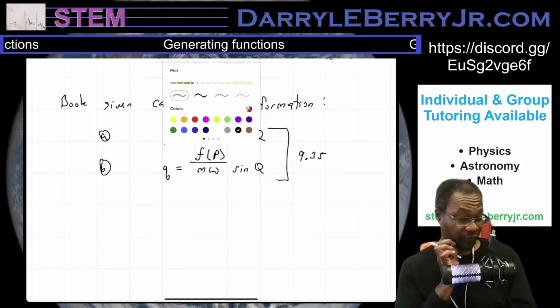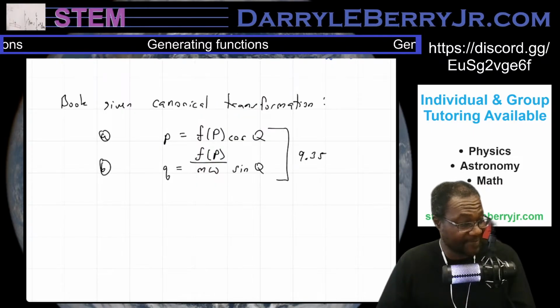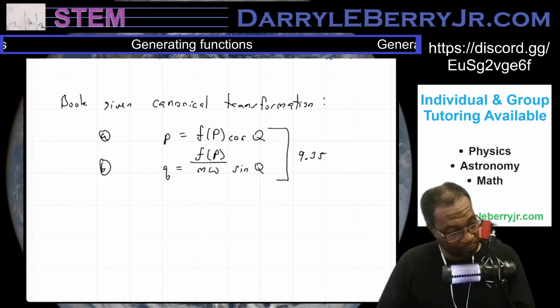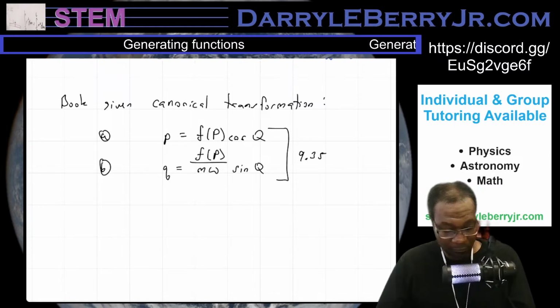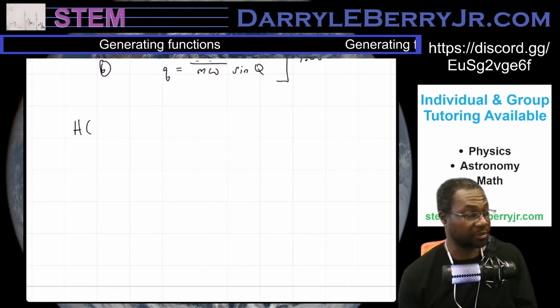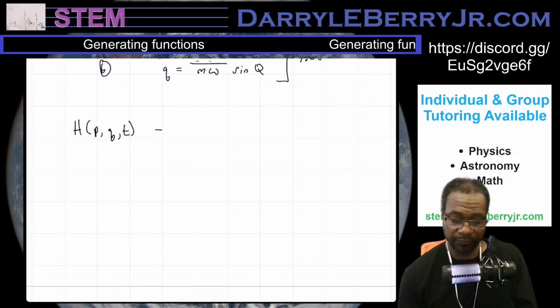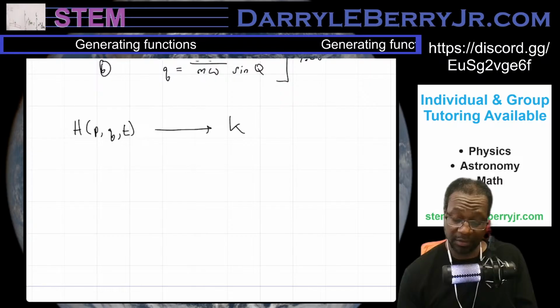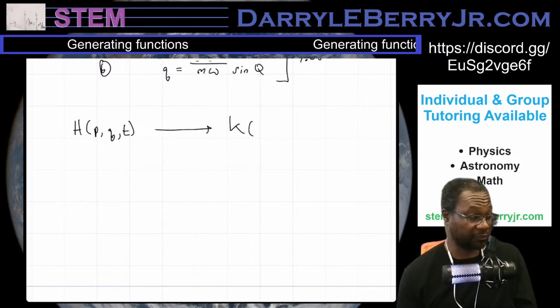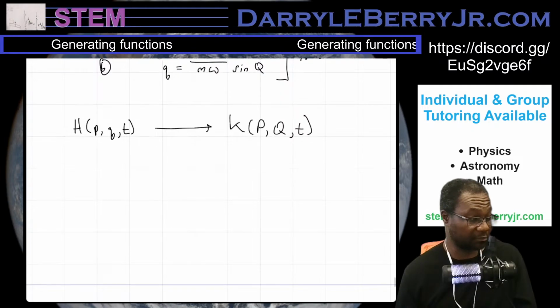And the Hamiltonian as a function of Q and P would be simply K. All right, so H is in terms of p, q, and t, and K is in terms of big P, big Q, and t.